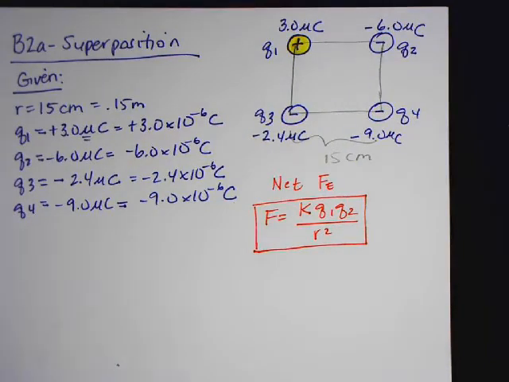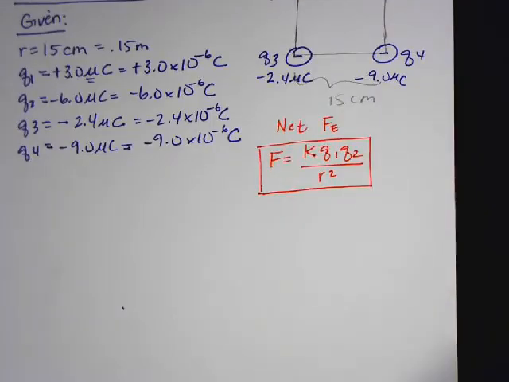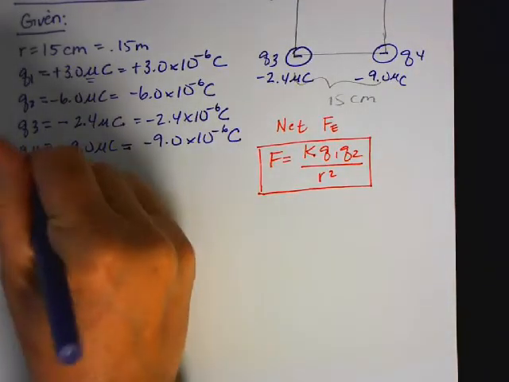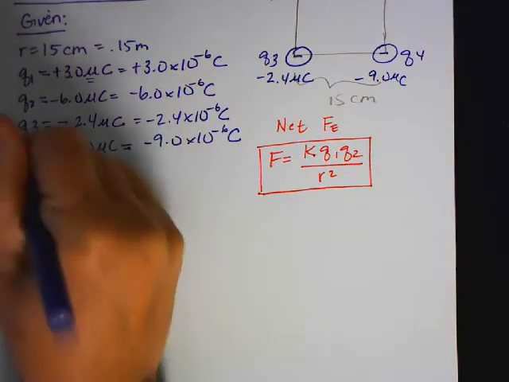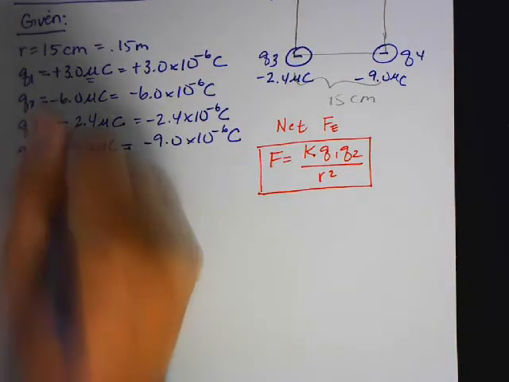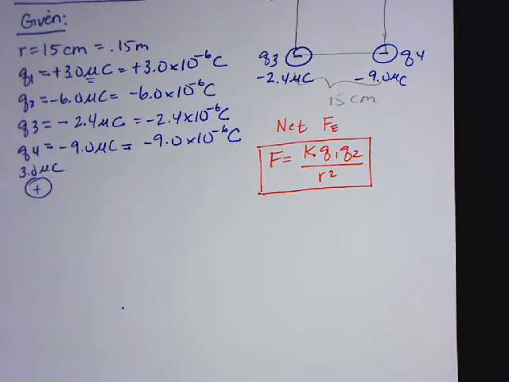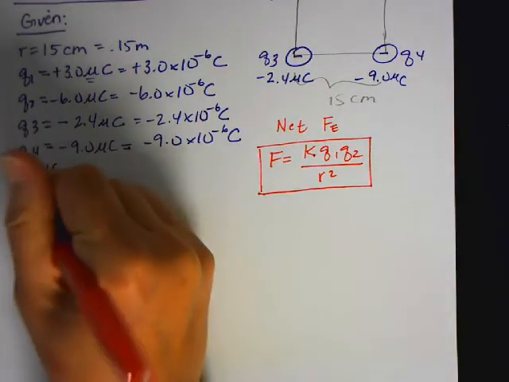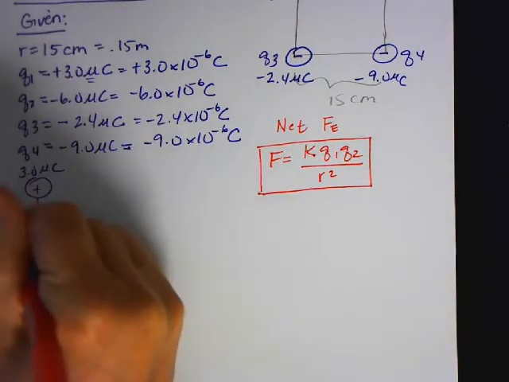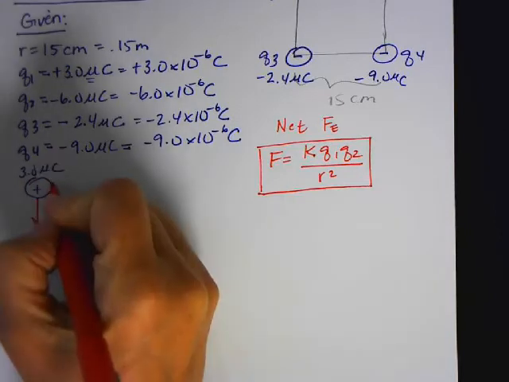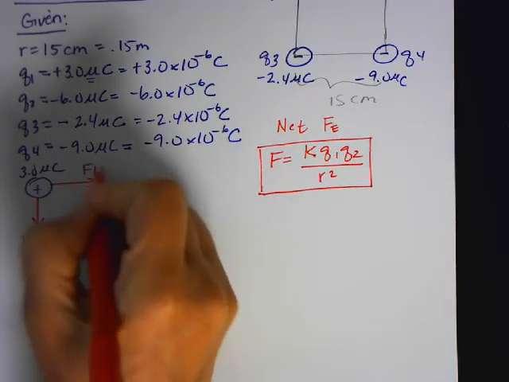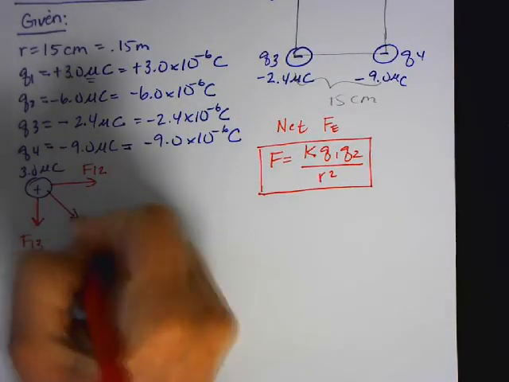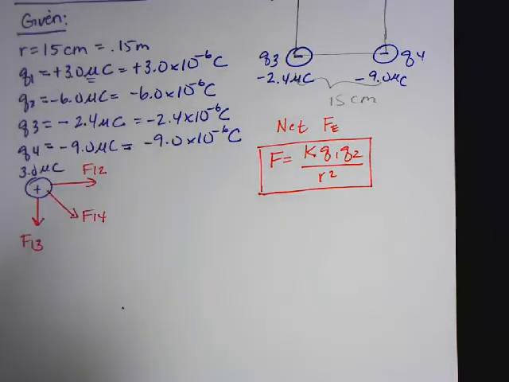So I'm just going to draw it to the side to conceptualize for you. This represents my 3 microcoulomb charge. So now I want to find the force between this one and 3. So this is going to be F13. This is going to be F12, and this is going to be F14.